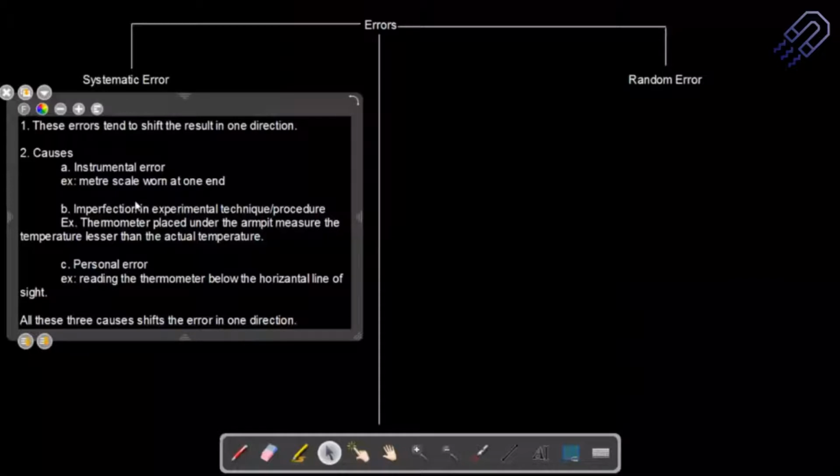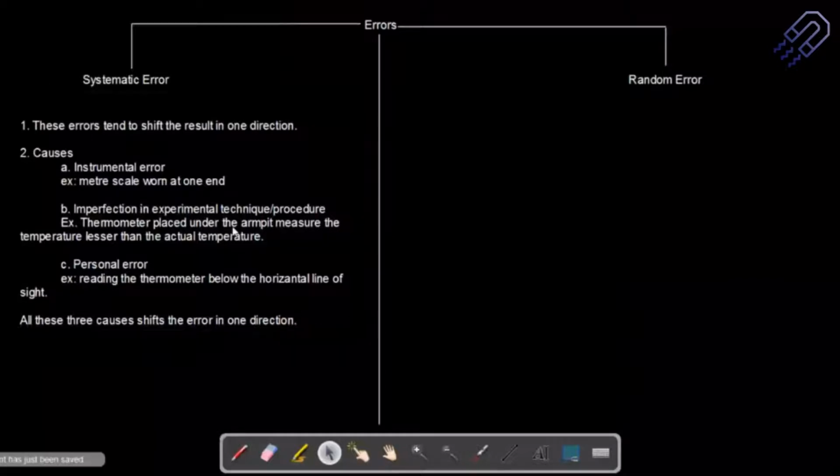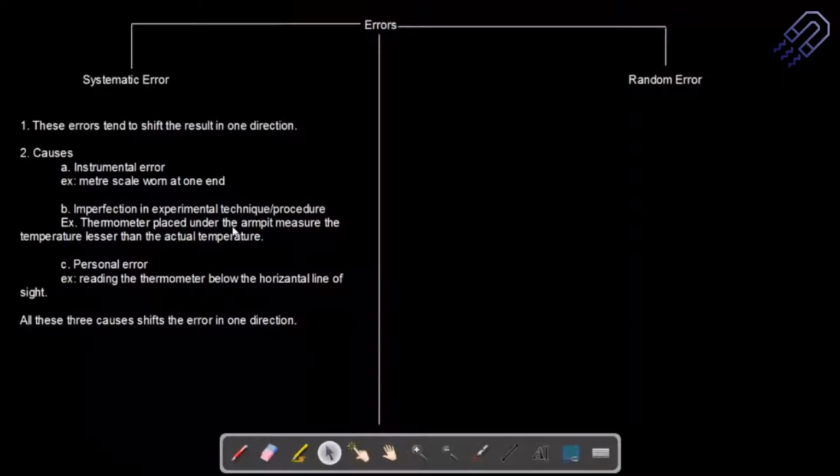Thermometer placed under the armpit, so every time you put it under the armpit, you are going to get a temperature which is always lower than the actual temperature. So that's in one direction. Reading the thermometer below the horizontal line, so every time if you keep on reading it below the horizontal line, you're going to get the error shifted in one direction. But on the other hand, if you're looking above the horizontal line, then it's going to be something different, that's in the other direction. So that's what is meant by this.